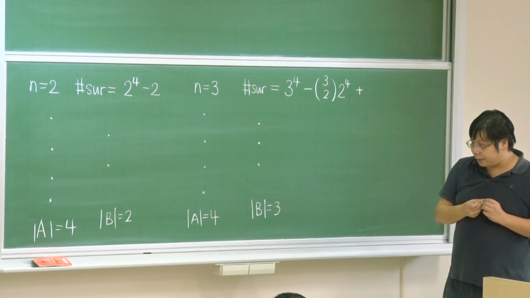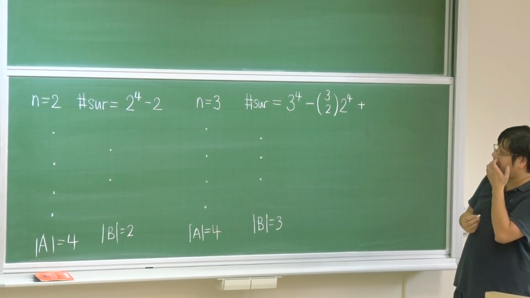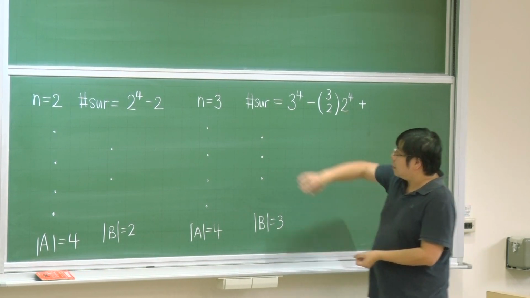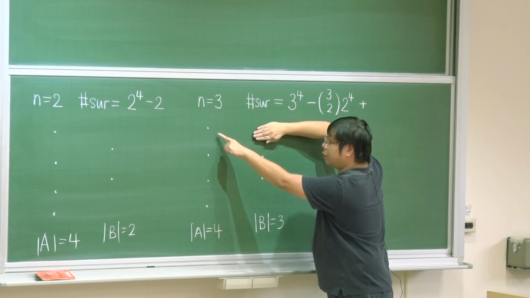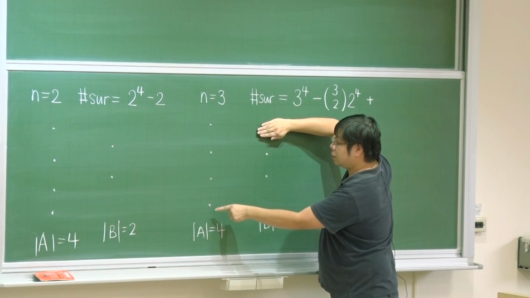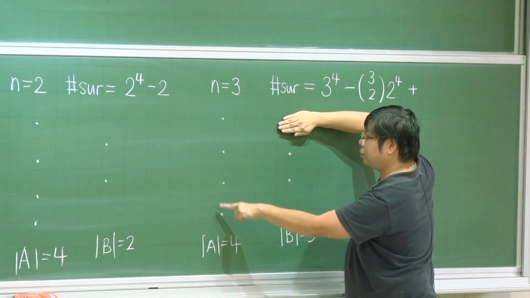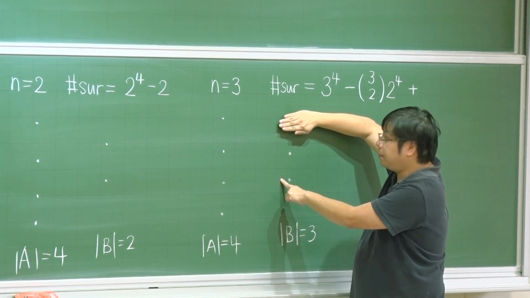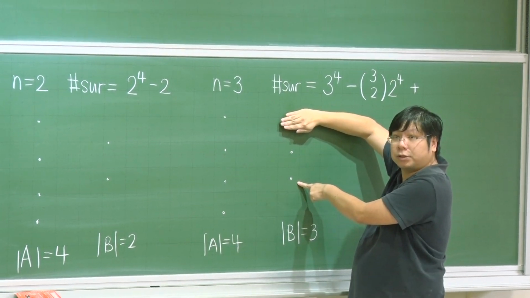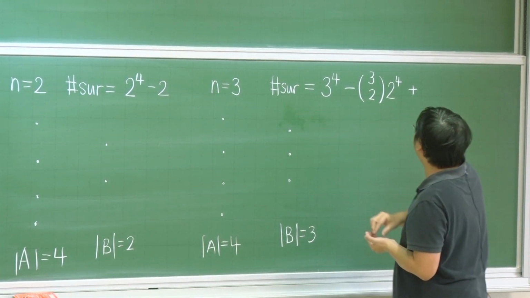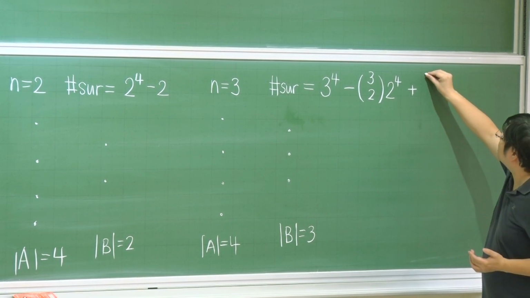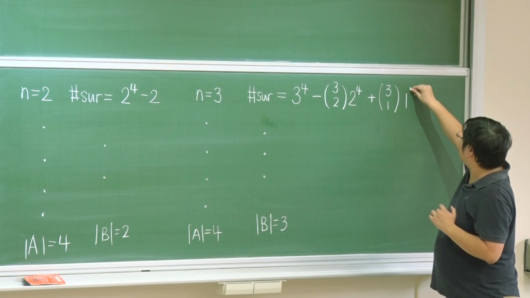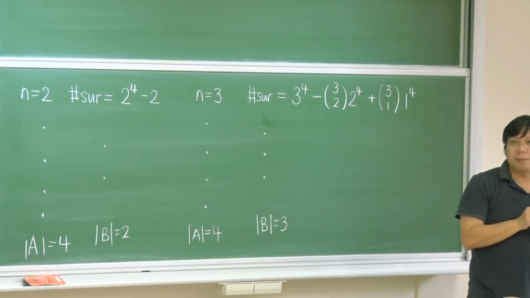We have to add back the case that, when we are talking about two functions, 2 choices, 2 choices, 2 choices, 2 choices, they may not be using these two at all. Some of them may just use this one, and some of them may just use this one. So we have to add back 3 choose 1, 1 to the power 4. And this is the formula.